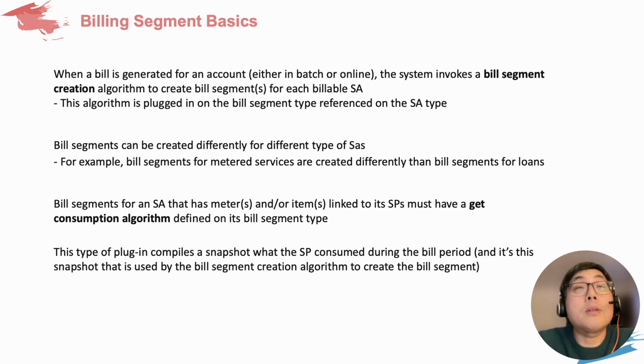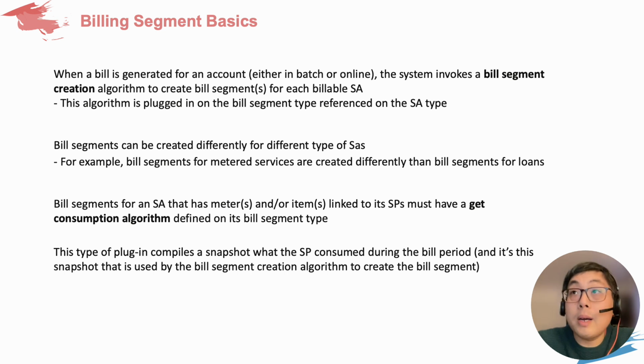Okay, so let's start. When a bill is generated for an account, the system invokes a bill segment creation algorithm, which is on the bill segment type, to create a bill segment for each billable SA. This algorithm is plugged in on the bill segment type, on the SA type. Second, bill segments can be created differently for different types of SAs.